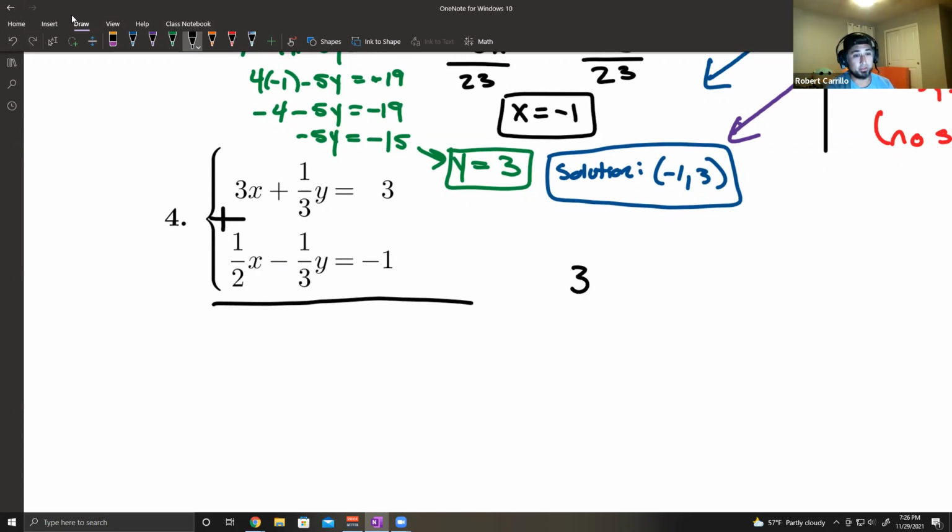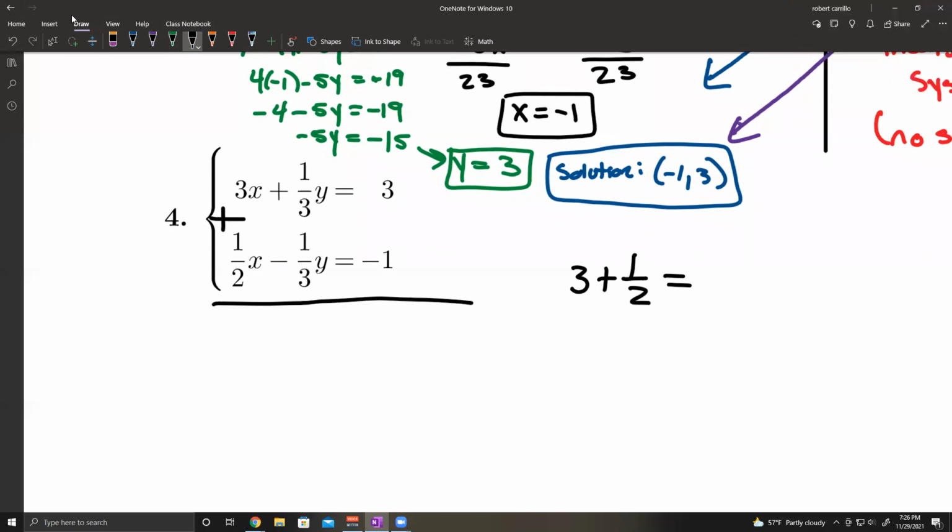So I'll move the x's for now. 3 plus 1/2. What fraction does that give us? 3 and 1/2. But we have to make it improper. Oh, 7/2. Good though. What was that?